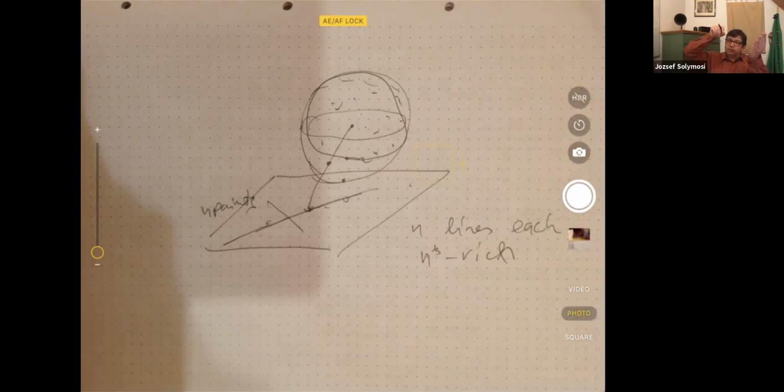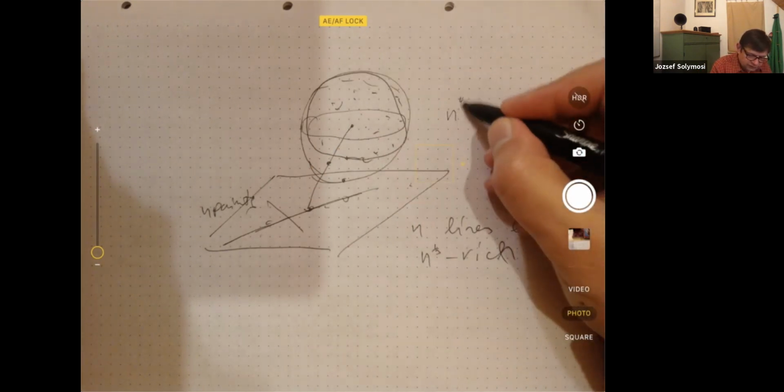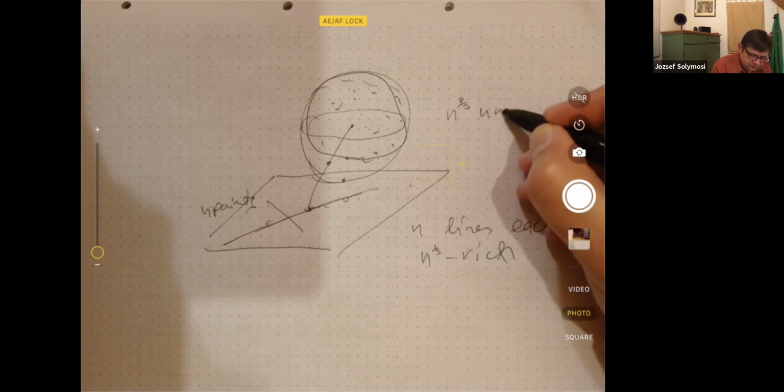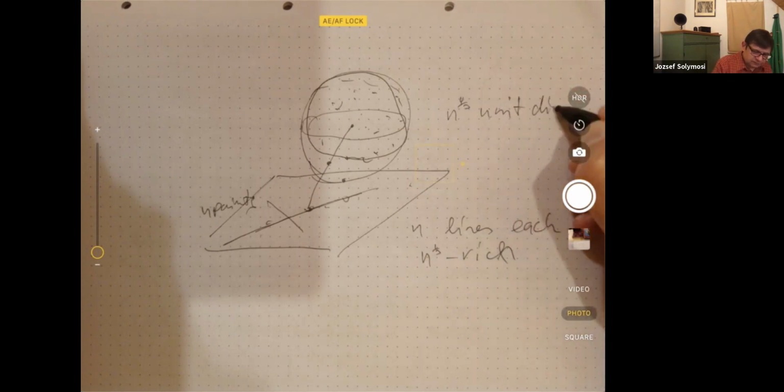But if the sphere was the right size, from the North Pole, every point along the equator is at the same distance. So this will be your unit distance. So with this construction, again, you have n to the 4/3 unit distances on a sphere.